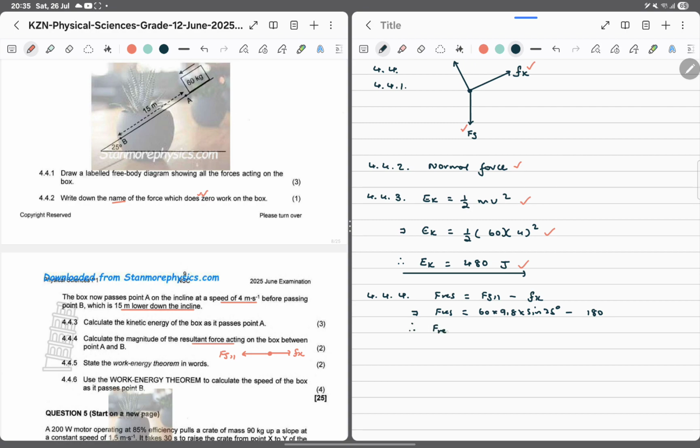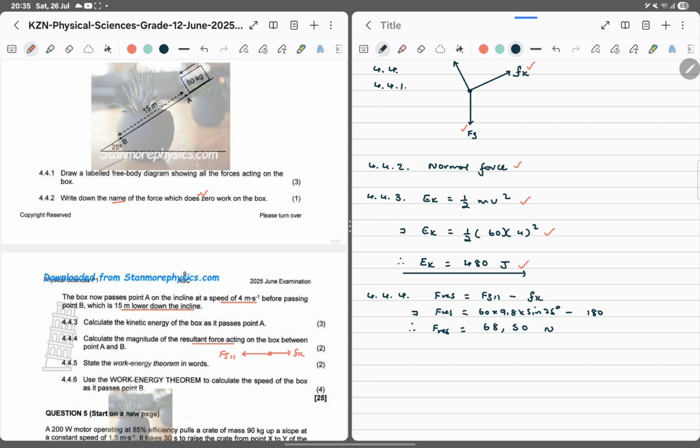Therefore, the resultant force is 60 times 9,8 times the sine of 25 minus 180 gives us a 68, to 2 decimal places is going to be 50 newtons.